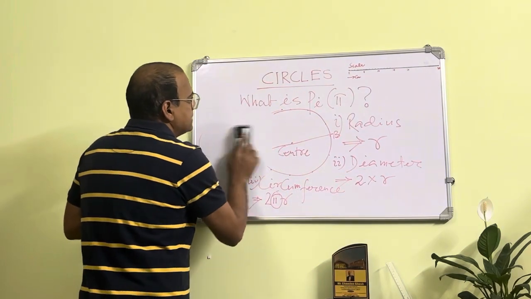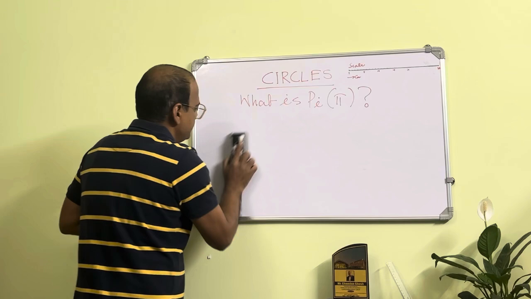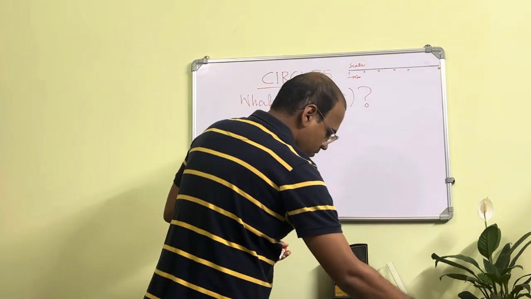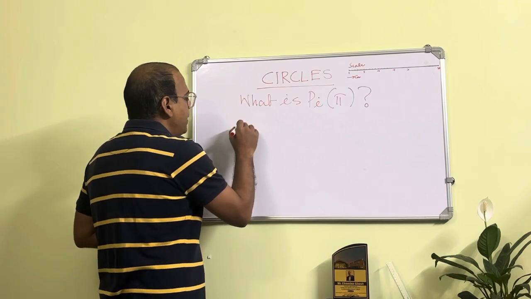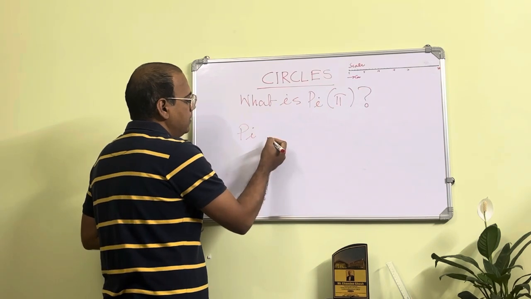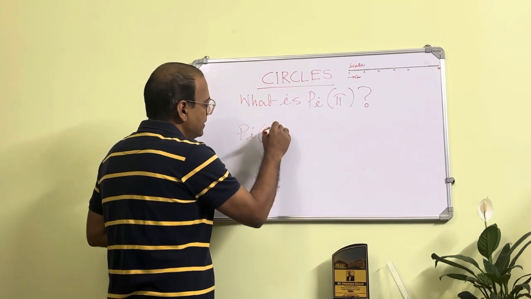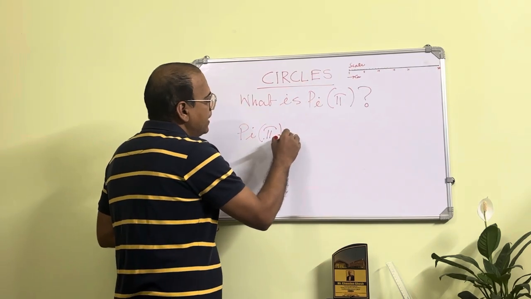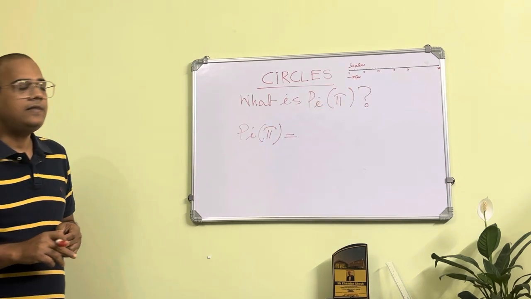Let me just clear this board a bit. So pi is a Greek letter which is denoted as this, and it's the ratio of the circumference of a circle and its diameter.